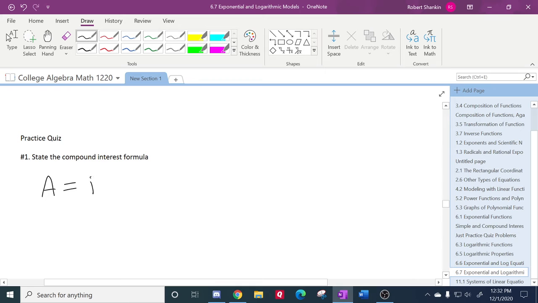It is your initial principal that you started with times 1 plus the interest rate divided by the number of compoundings per year, all to the n times, it's either t or y, I forget which one we use, time or the number of years.